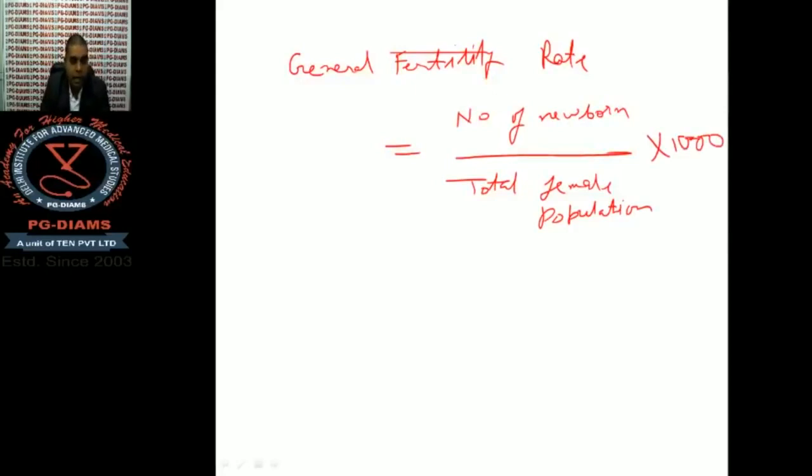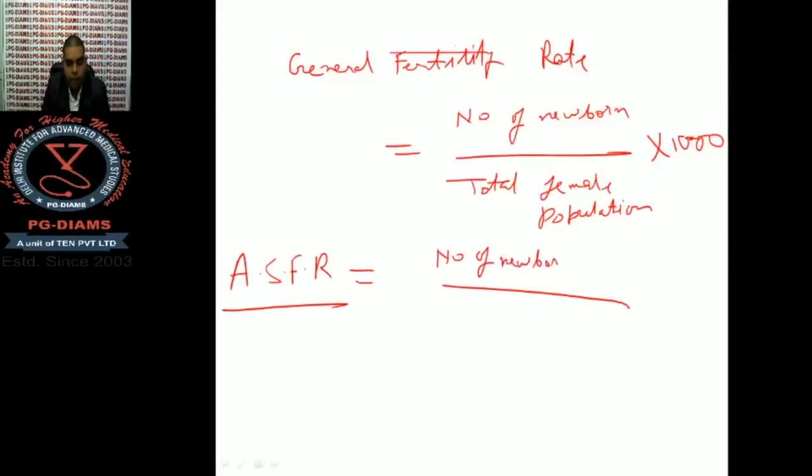Now, if you take it in an age group of 5, that means if you are calculating the number of newborn in females, suppose of age group 20 to 25, okay, and you are dividing it with total females of the age group 20 to 25, then it becomes age specific fertility rate.